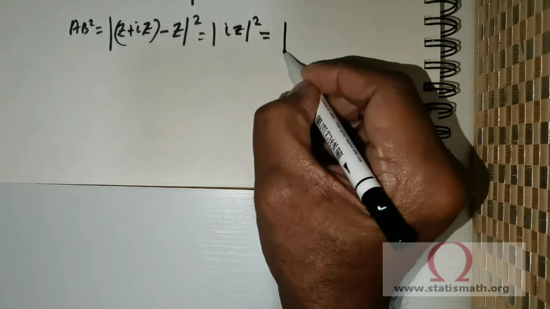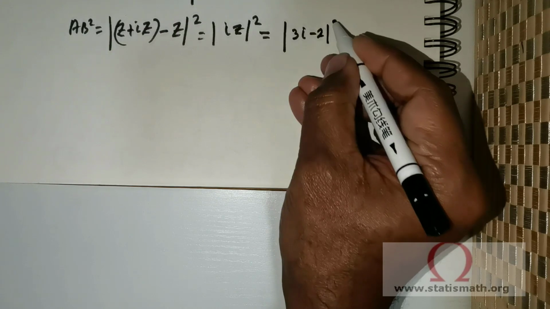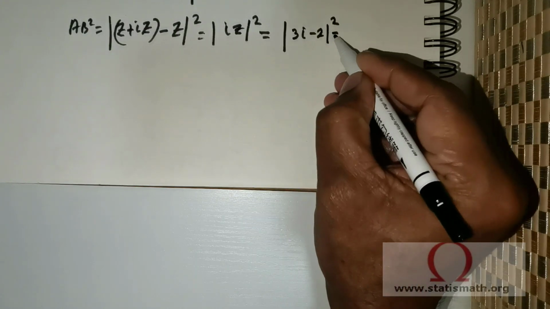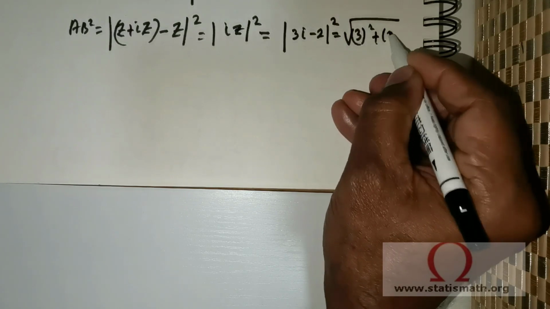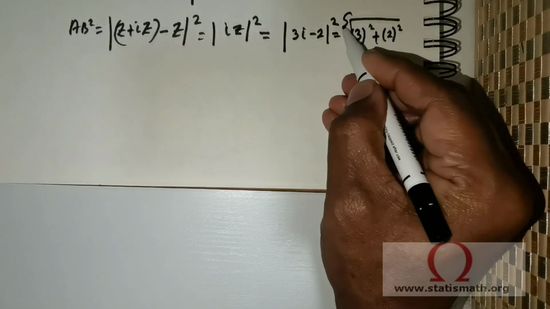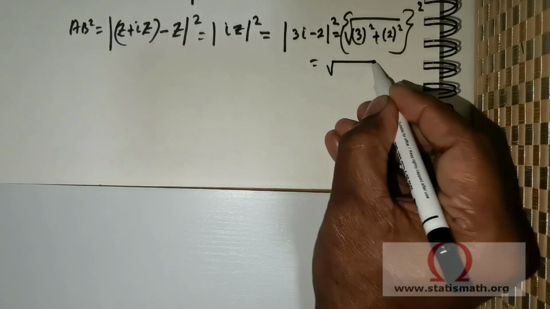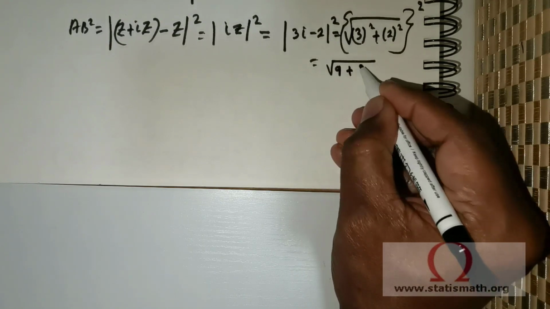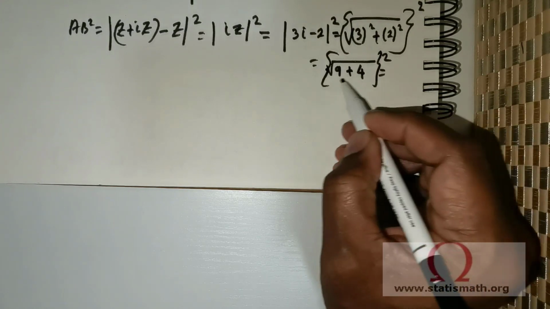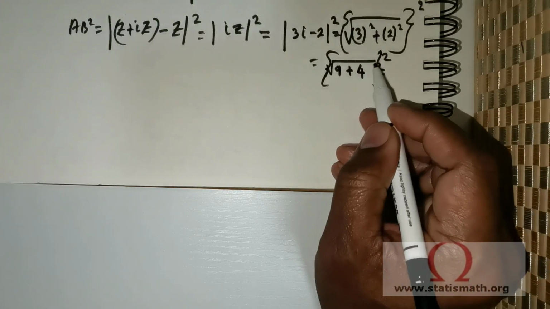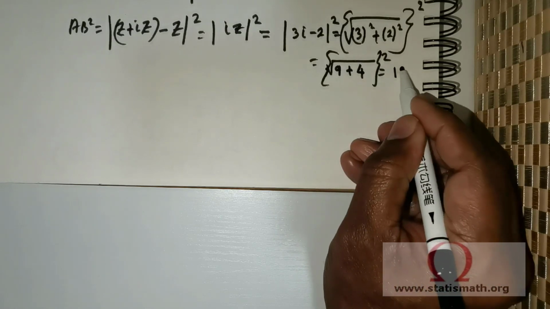Now iz has been found to be -2 + 3i, so you're taking the modulus of this quantity, that's root of 3 squared + 2 squared, and that has to be squared. So root of 9 + 4, which has to be squared, so it's going to be root of 13. When you square it, the square root and the square get cancelled, giving you 13.